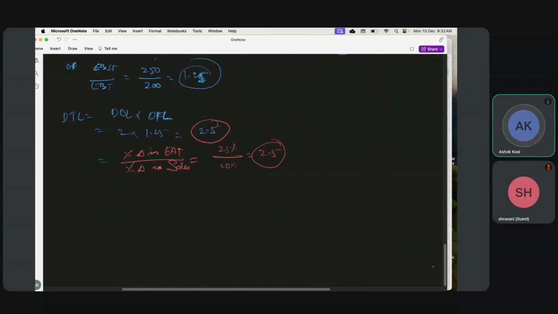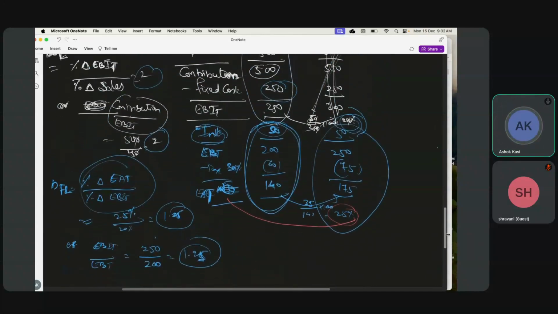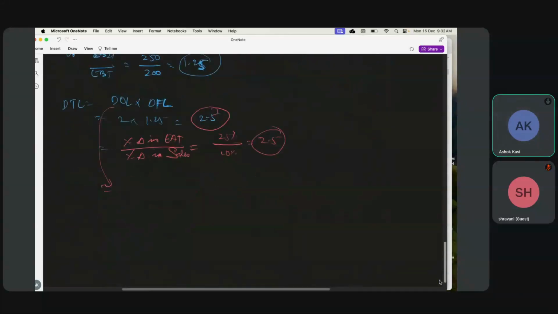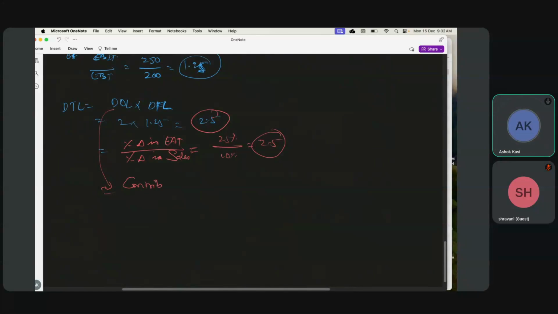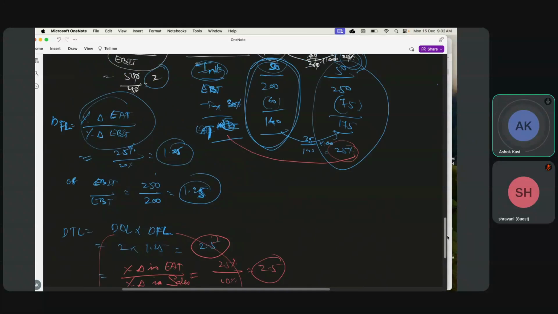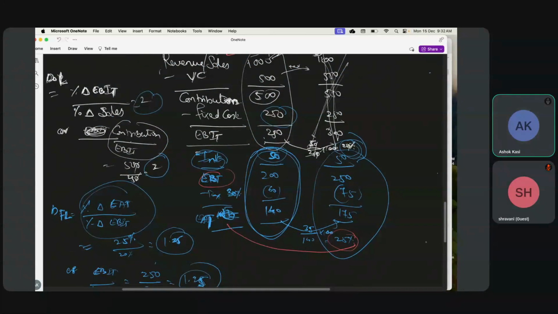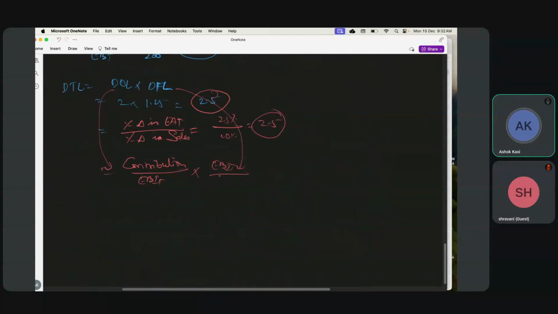Then another formula is, you can take the base case degree of operating leverage. Base case was contribution by EBIT, into degree of financial leverage, which in base case is EBIT by EBT. So this gets cancelled.